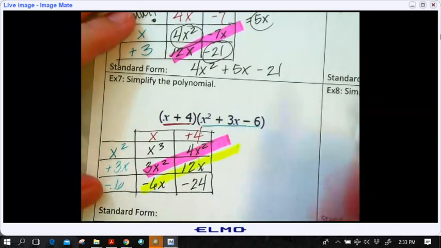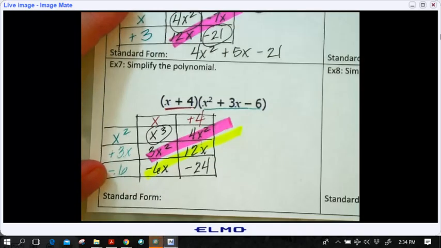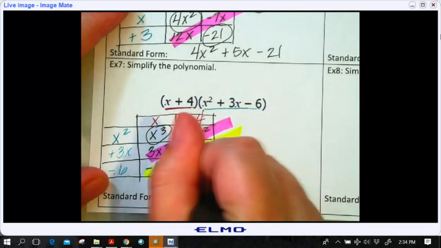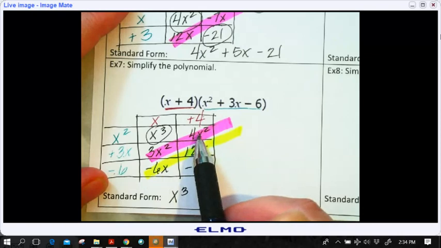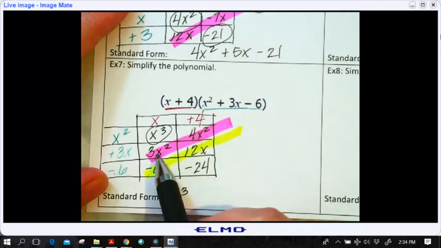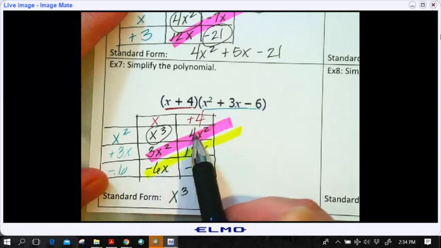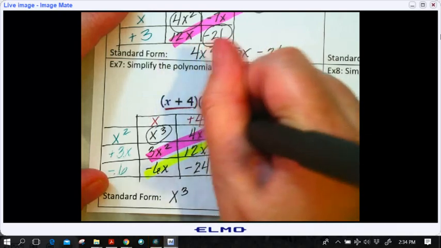So let's go ahead and write these in standard form. I have my x cubed. Next, I'm going to combine my square terms. So 3x squared and 4x squared. Remember, we're keeping the x squared and we're just going to add the numbers now. We're done with our multiplying step. Now we're adding. So that's 7x squared.